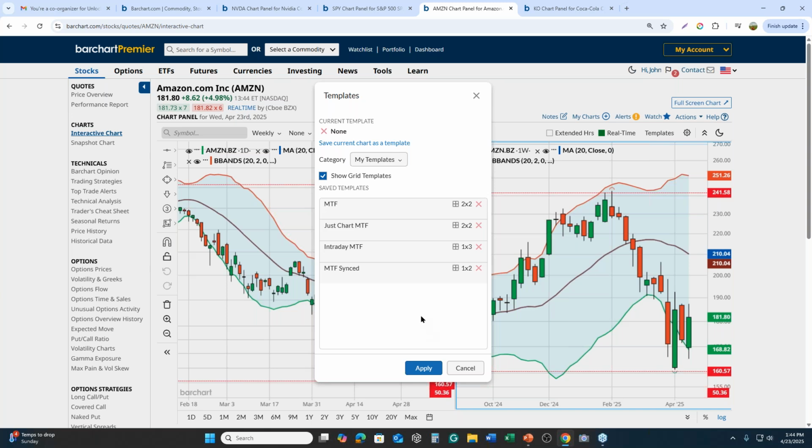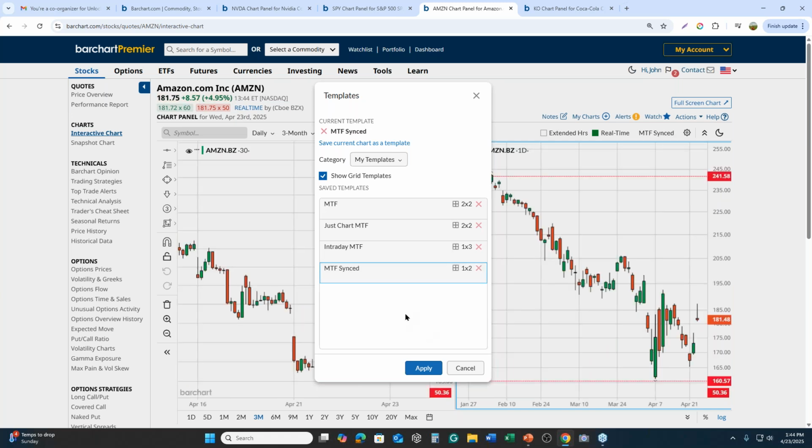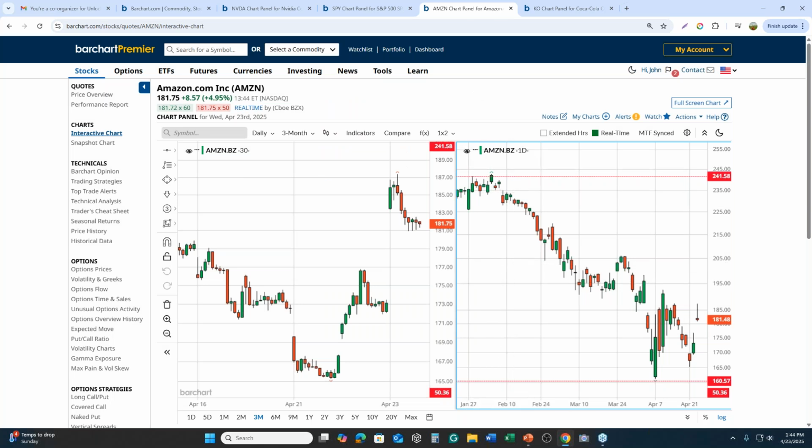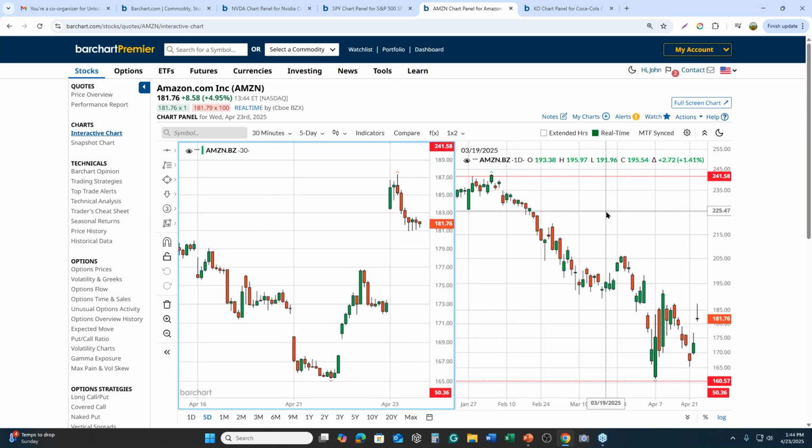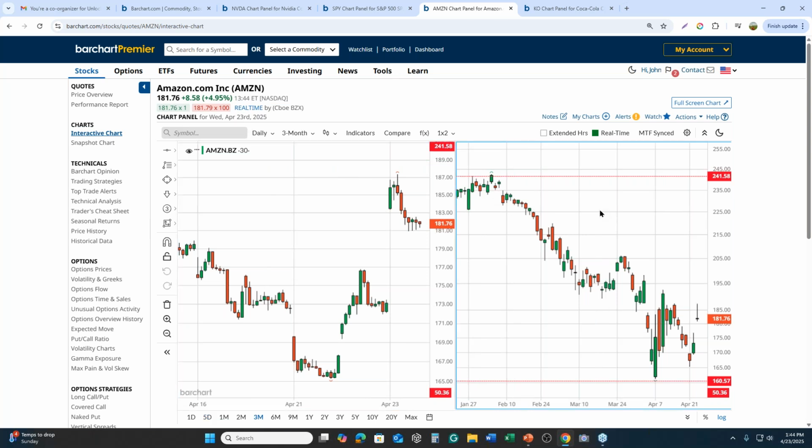And that's exactly what I've done for today's demonstration. So here is that 1 by 2 where we are synced. And notice here that my 1 by 2 default is my lower time frame and my trend time frame.